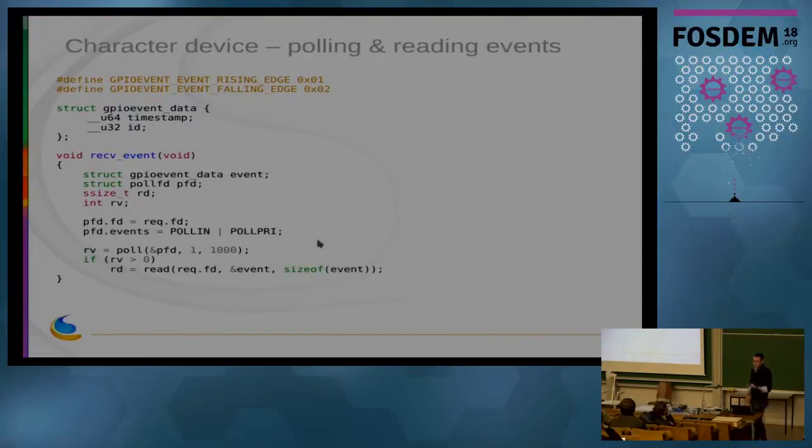Once your poll function returns an event pending, you can just read it. When you read it, you read it into a buffer corresponding with the GPIO event data structure, which then gives you the timestamp of the event and the ID. The ID is just telling you whether it was a rising edge event or falling edge event.